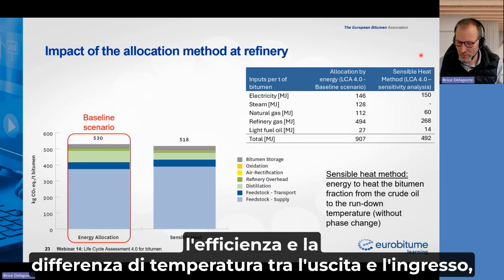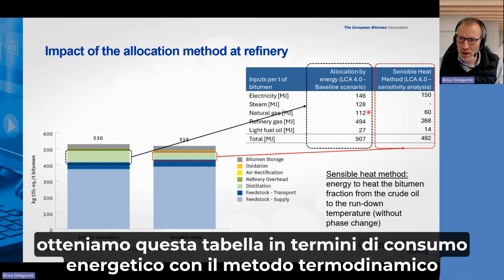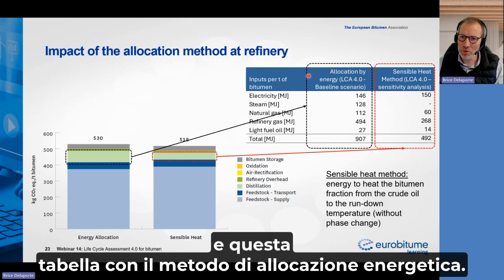And so we obtain this table here in terms of energy consumption with the sensible heat method, and this table here with the allocation method by energy.